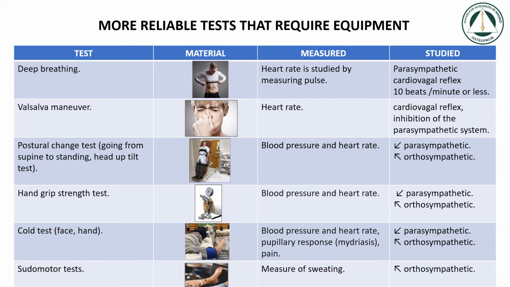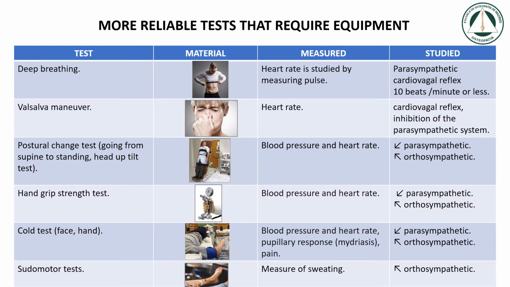Hand grip strength test. In the hand grip strength response test, a handle dynamometer is used. Blood pressure and heart rate are measured, showing evidence of parasympathetic inhibition, or orthosympathetic hyperactivity. Cold test. In the cold test for the face or hand, a bucket of ice cubes or a cold compress is used.